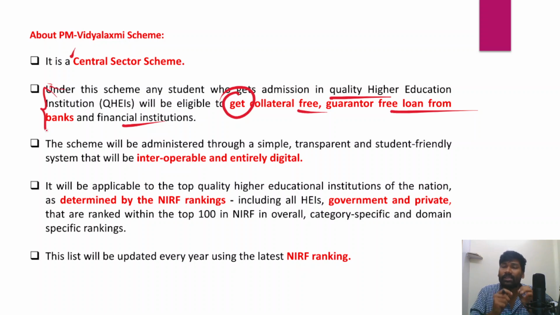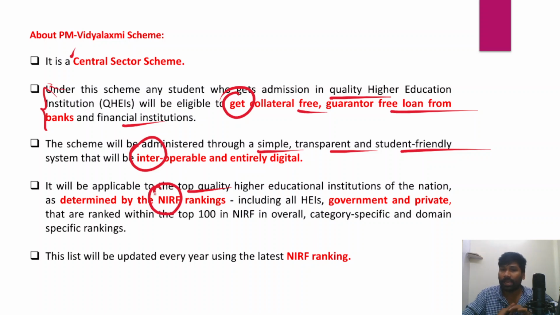This scheme will be administered through a simple, transparent and very student-friendly system that will be interoperable and entirely digital. It will be applicable to the top quality higher educational institutions of the nation, as determined by the National Institutional Ranking Framework.